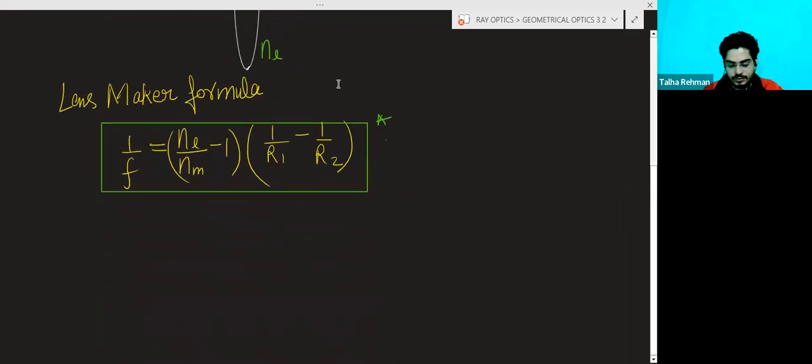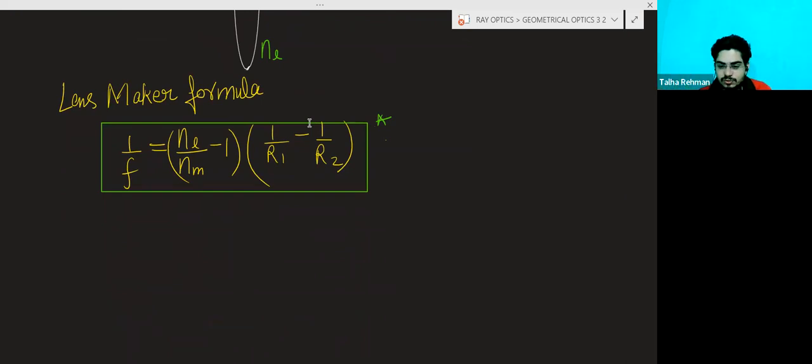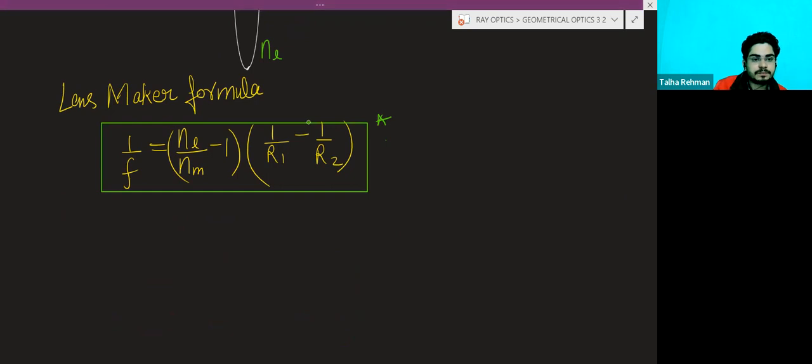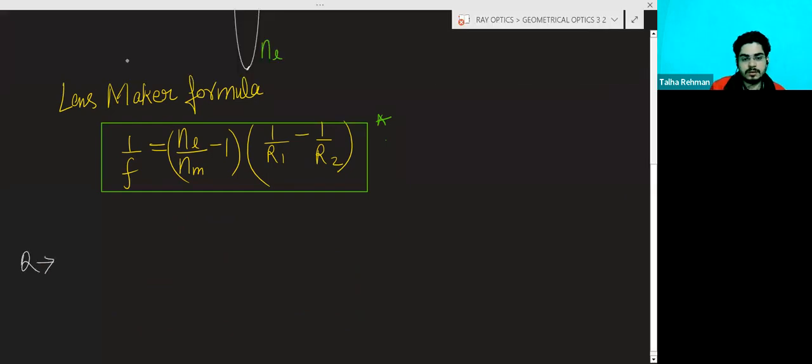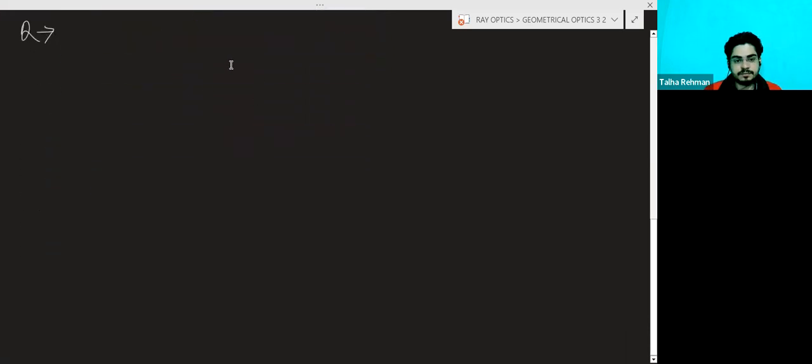For this, the question can be like, sometimes they will give you a plano convex lens. In that case, you have to decide which one you will take as R1 and which as R2. For example, one lens is there, and this is a biconvex lens, okay?